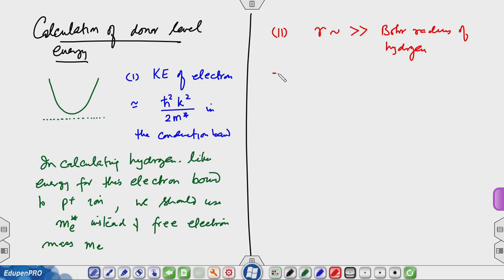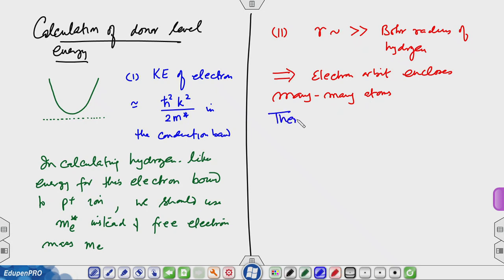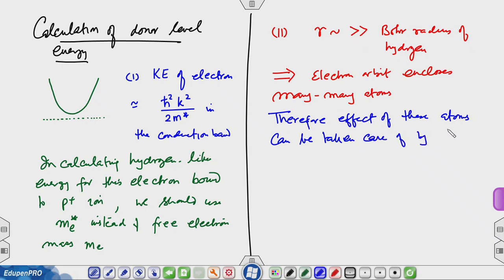And that implies that the electron orbit encloses many atoms, and therefore, the effect of these atoms can be taken care of by the dielectric constant of silicon.